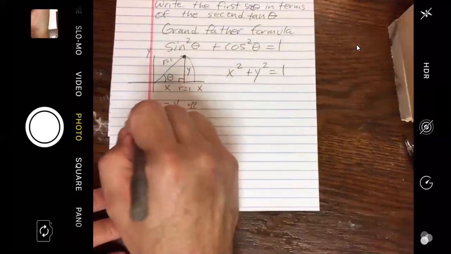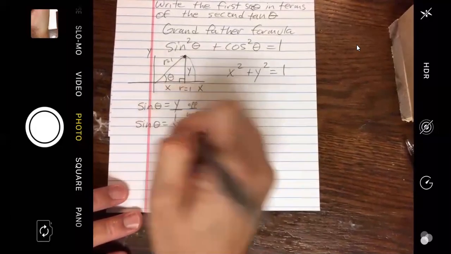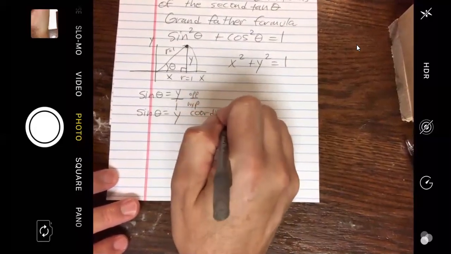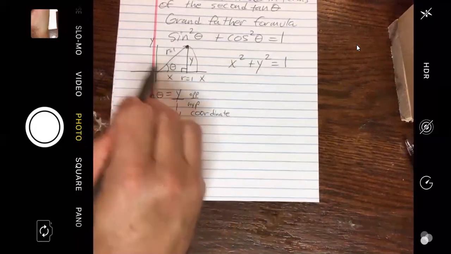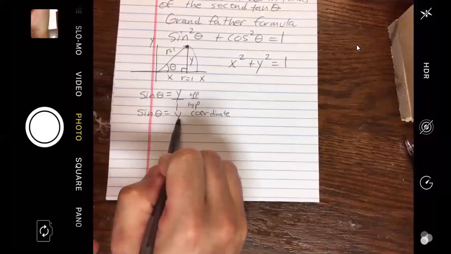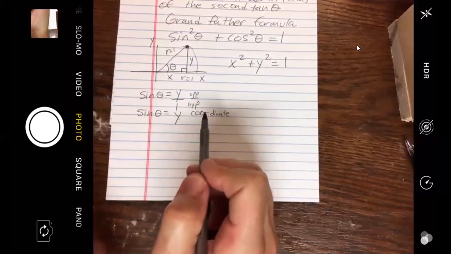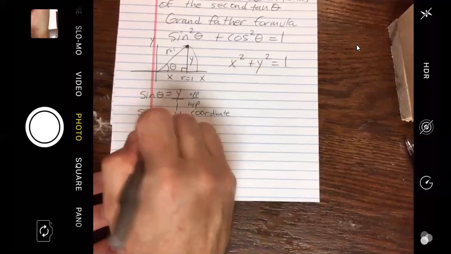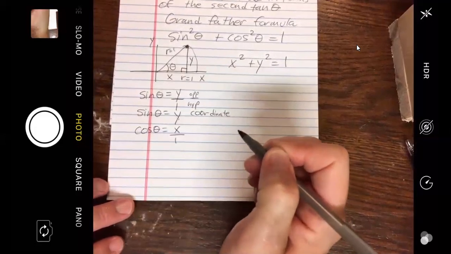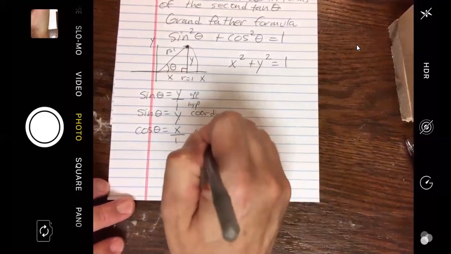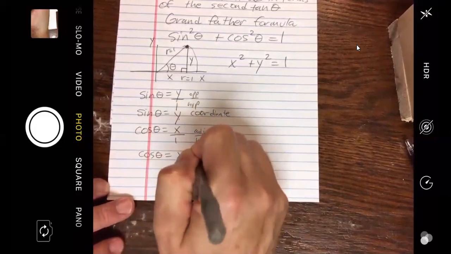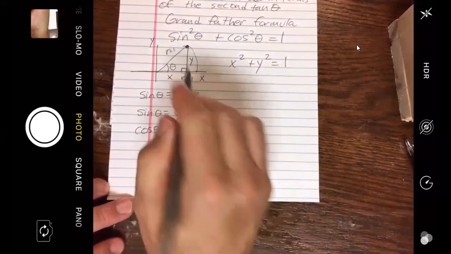This means the sine of any angle as you swing around is equal to the y coordinate on a unit circle. For cosine theta, its adjacent side is x over, again, 1, the hypotenuse. So the cosine of any angle is equal to the x coordinate around the circle.